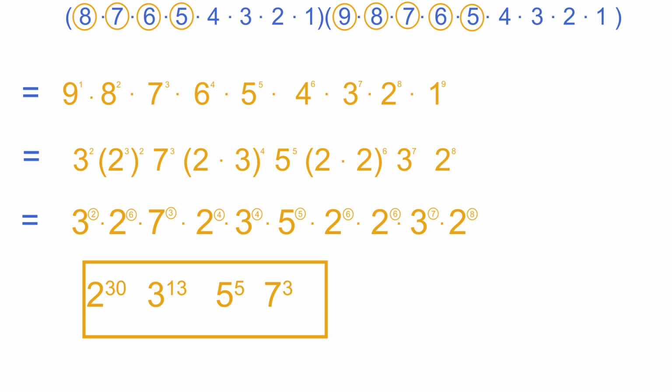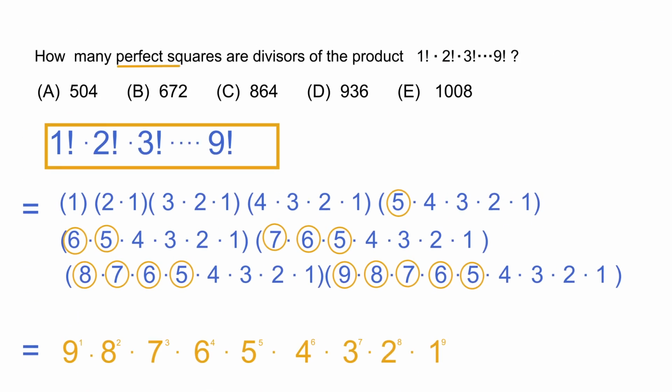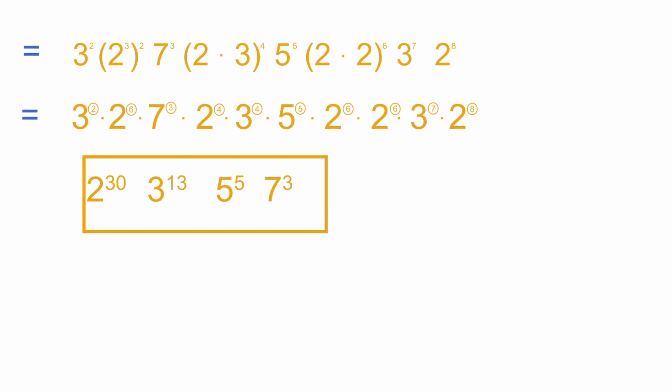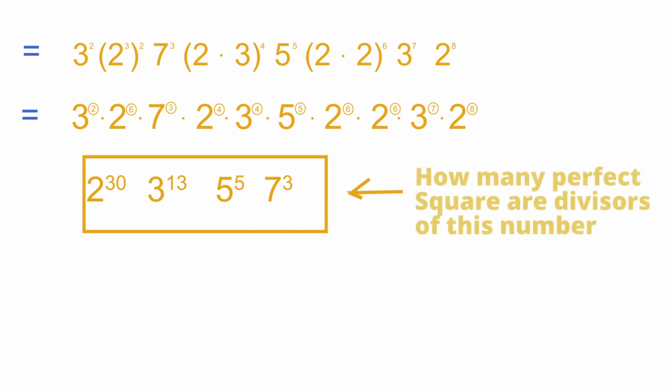Okay? Now, what is the question asking us? They want you to basically find how many perfect squares are divisors of this. Well, a perfect square basically has the following form: 2 to the power of 2a, if we were to use these bases, 3 to the power of 2b, 5 to the power of 2c, and 7 to the power of 2d, right?